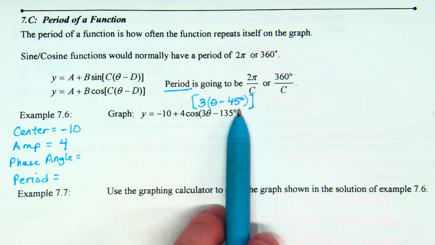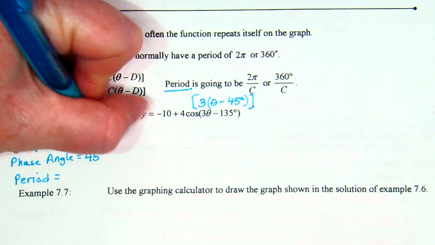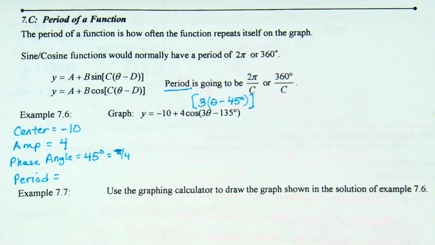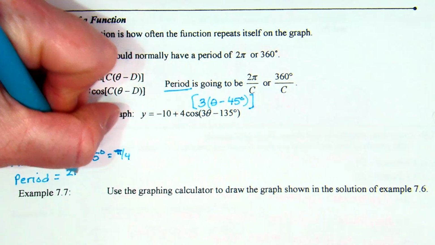And so that 45 is our phase angle. You can say 45, or you can say pi over 4. The period is still 2 pi divided by whatever's in front of theta. So 2 pi divided by, in this case, 3.